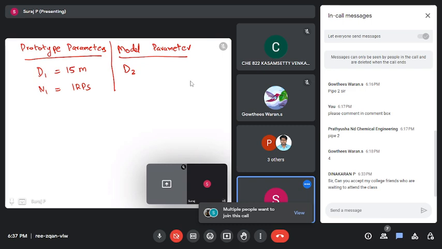So these two books you can refer. If you have any doubt up to now about what I have solved, you can comment here.